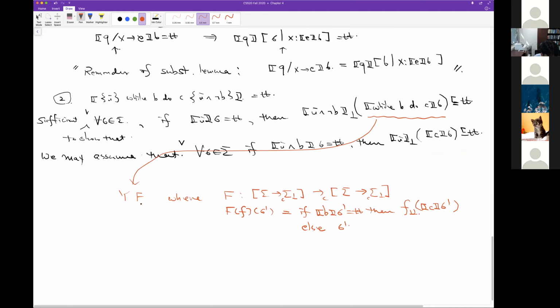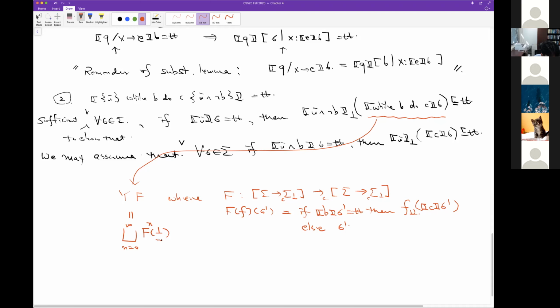Now y of F, we learned, the least fixed point is always defined like this. So the limit, I mean the least upper bound, over some chain which we create by applying F to the bottom.